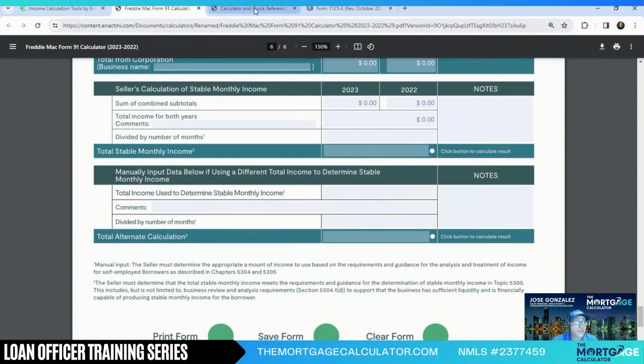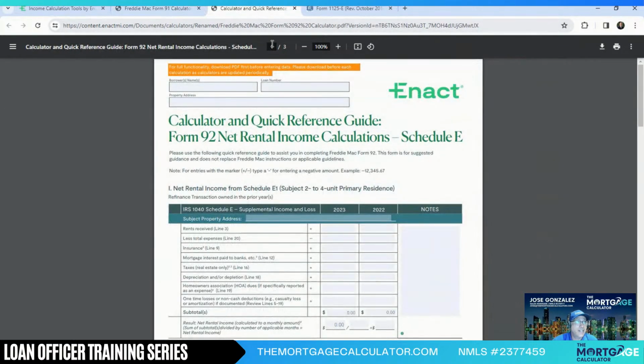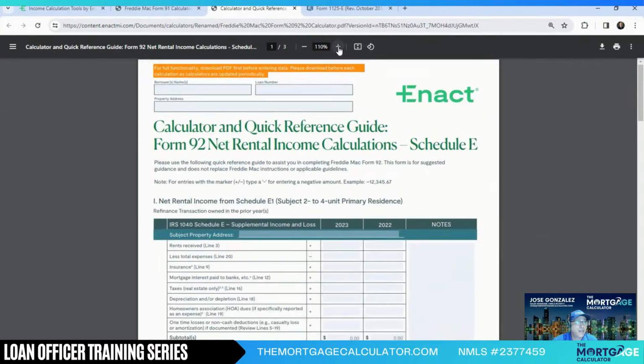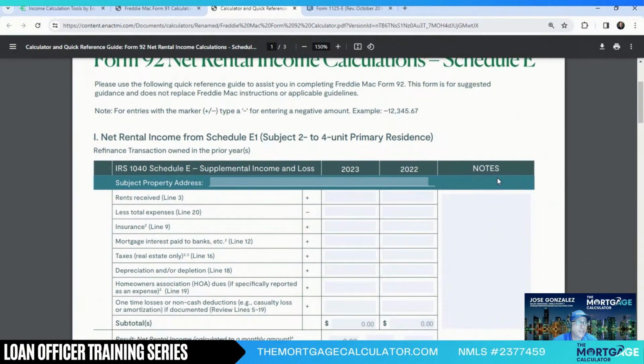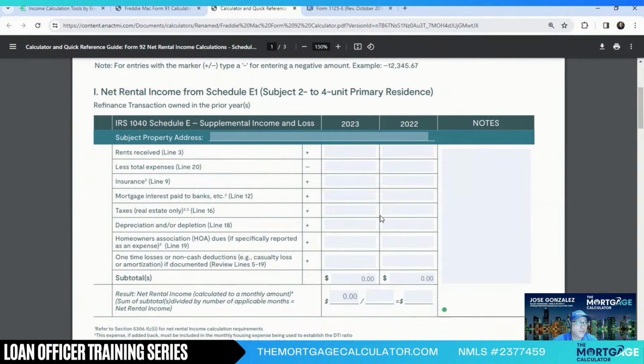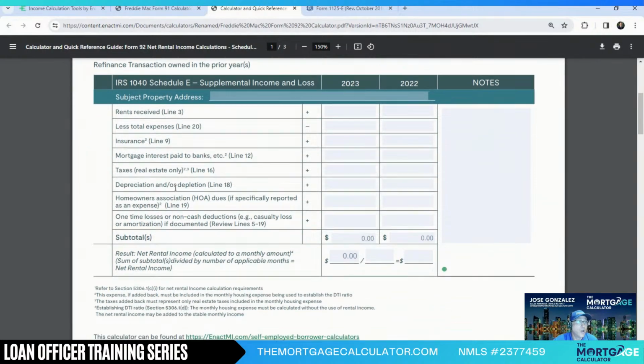And let me show you the Schedule E income calculator. It's this one right here. It's pretty basic stuff. Rents, insurance. One thing I wanted to make note about this form, you only add back taxes and insurance if they're getting escrowed and already getting paid for in the monthly payment.